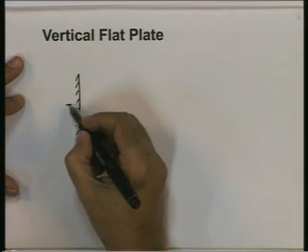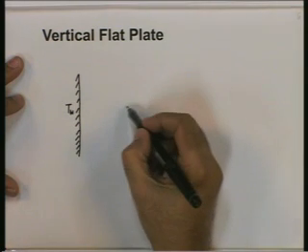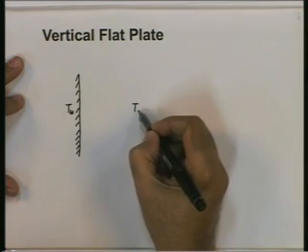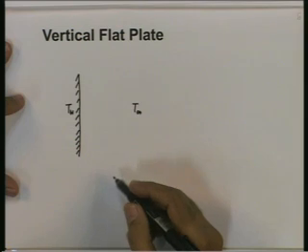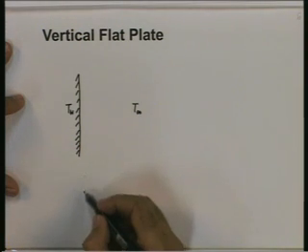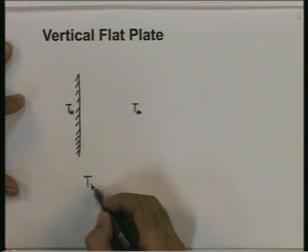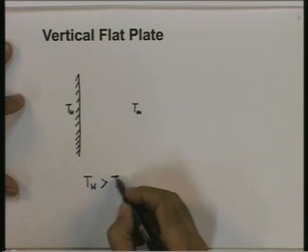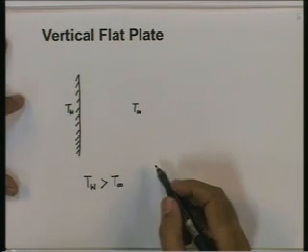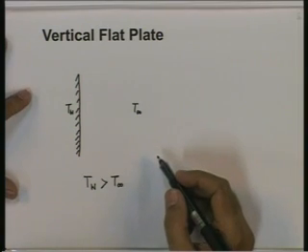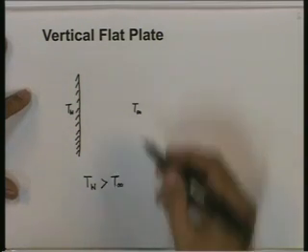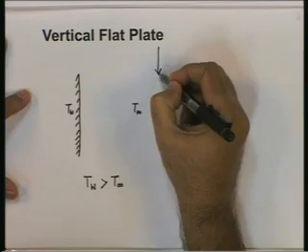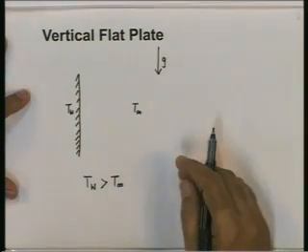Let us say it is at some temperature Tw and is exposed to some fluid at T infinity. Let us, for the sake of illustration, assume that the wall temperature is higher than the fluid temperature. The wall is warmer or hotter than the fluid. Let us also assume that the gravity is acting downwards.